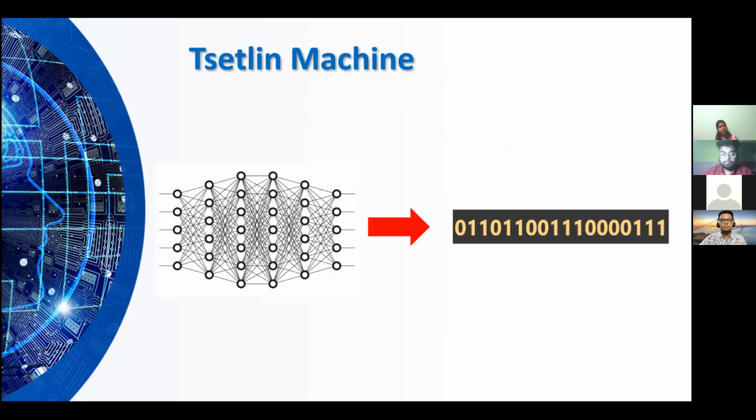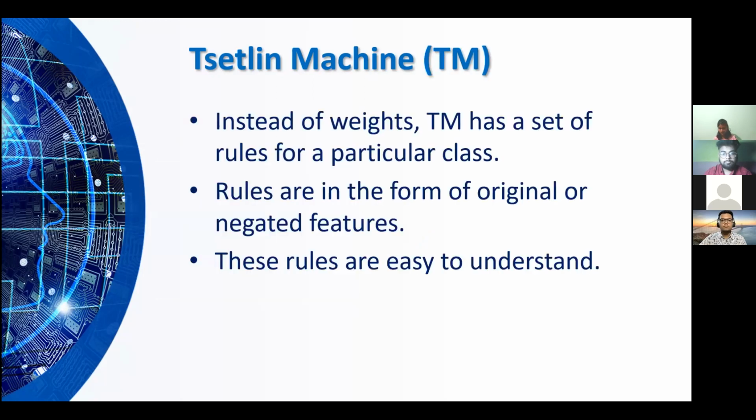The main concept was to go from here to there, from the complex big model to Booleanization. It's really difficult to interpret this big architecture where you have multiple layers with hundreds and thousands of neurons. When we switch to binary form, it's much easier, at least for humans, to understand. So this is what the Tsetlin Machine does. It brings everything to binarization.